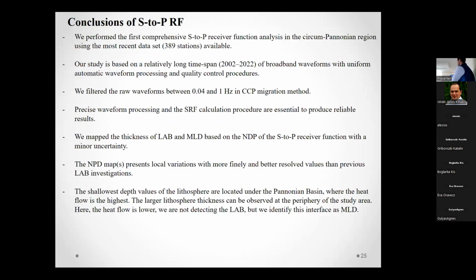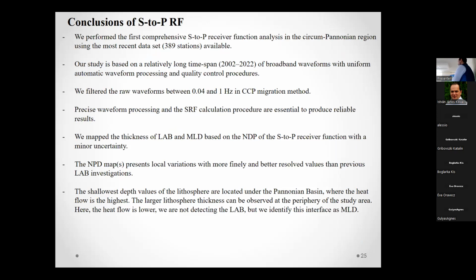Yeah, and I would like to give some conclusions. Maybe the most important, the precise waveform processing and the S receiver function calculation procedure are essential to produce reliable results. We map the thickness of the LAB and maybe the MLD based on the negative phase of the S2P receiver function with minor uncertainty.